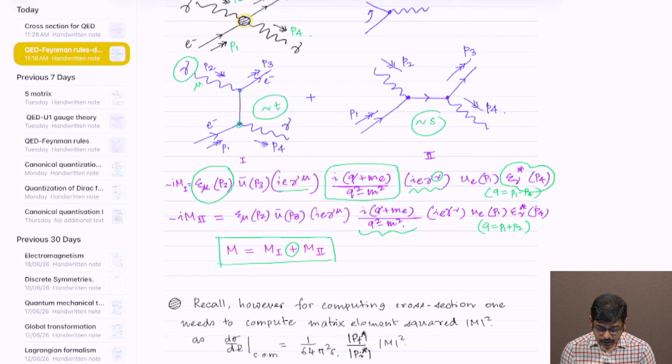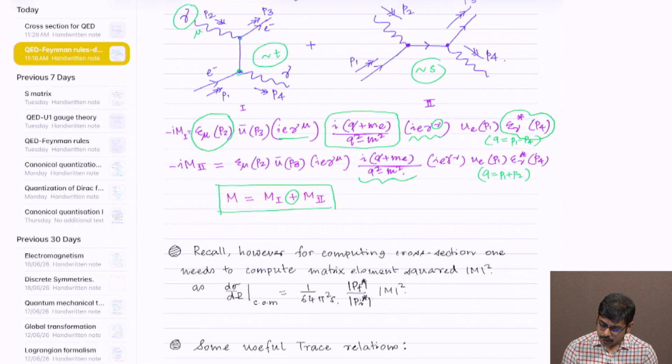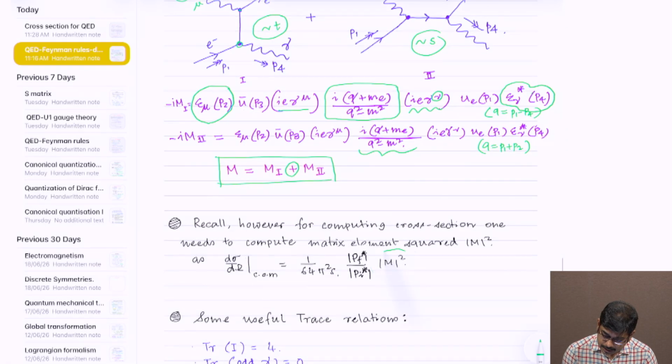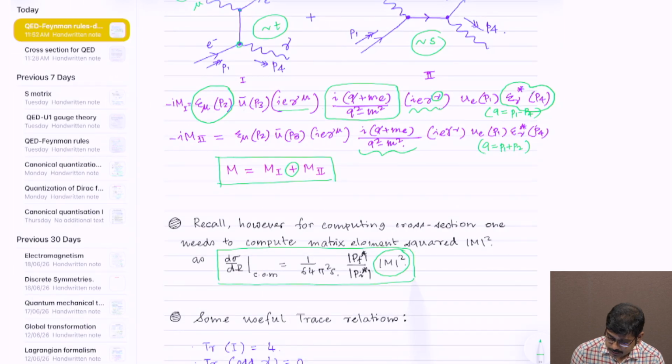However, when we try to compute the cross section, as in the derivations from the initial lectures, the differential cross section involves the matrix element squared. Once we know the amplitude, we need to calculate |M|^2 to find the differential cross section.